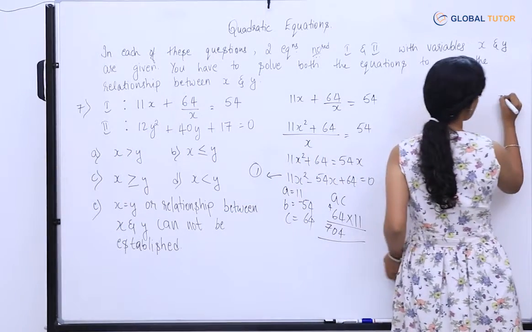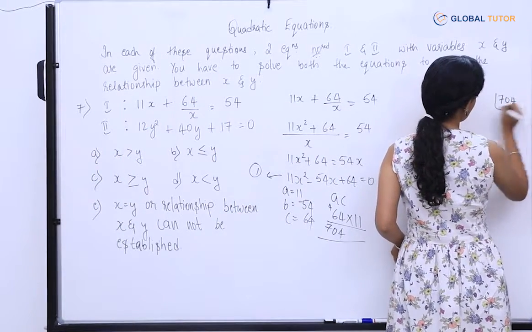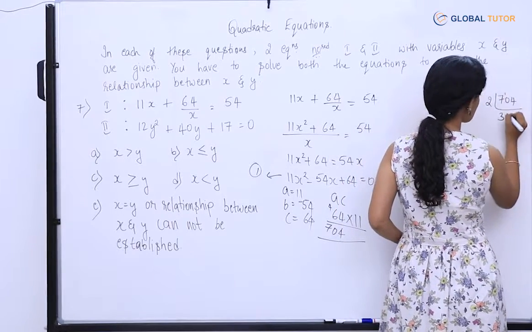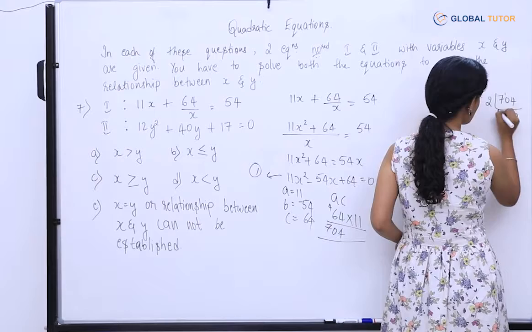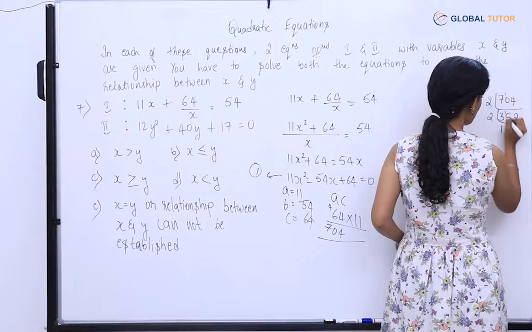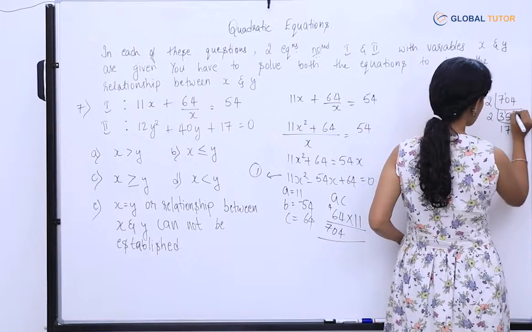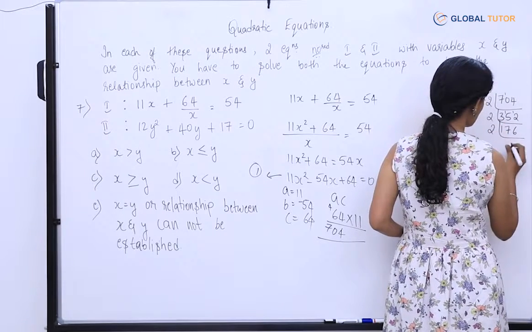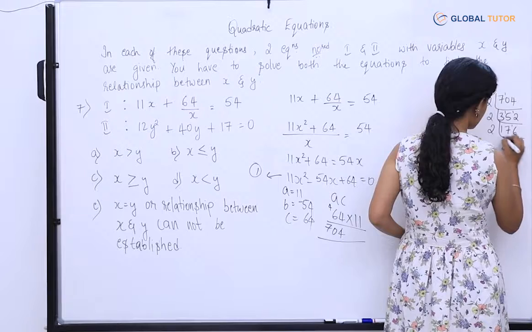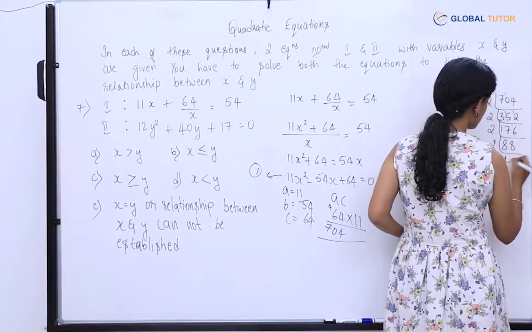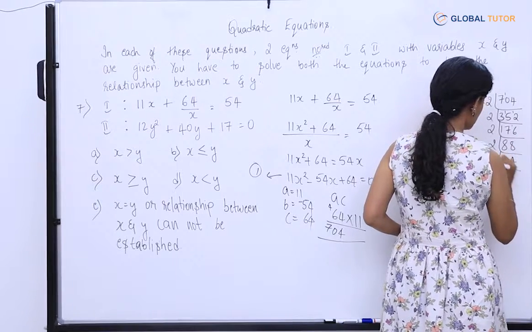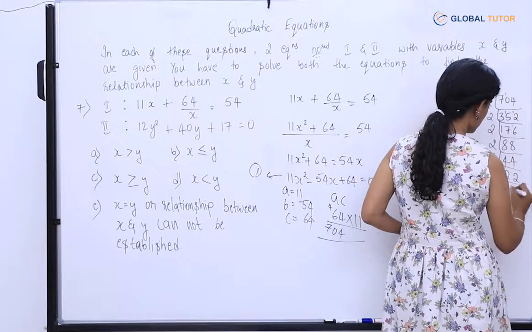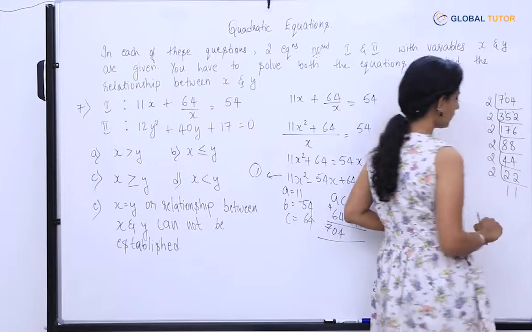So 704, we can divide that by 2, and keep dividing: 704, 352, 176, 88, 44, 22, and 2 into 11 is 22.